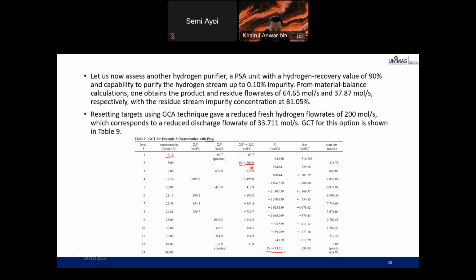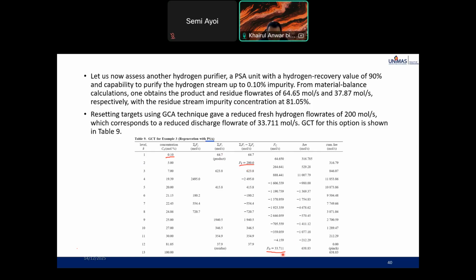So the fresh hydrogen feed required is around 200, compared to the membrane at 196.8.